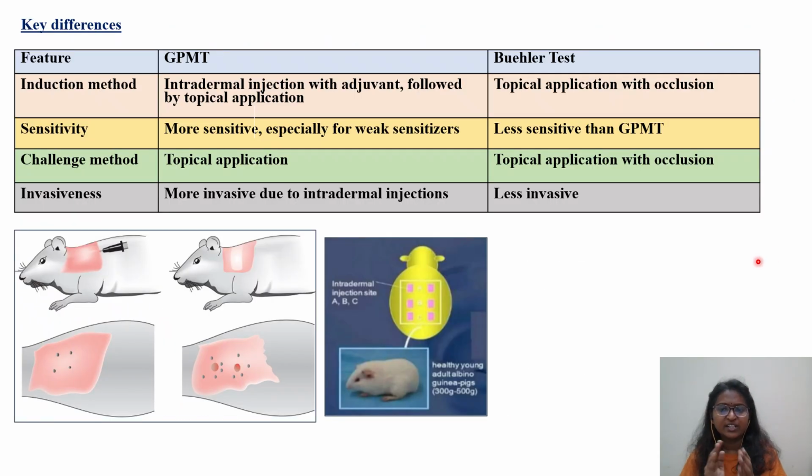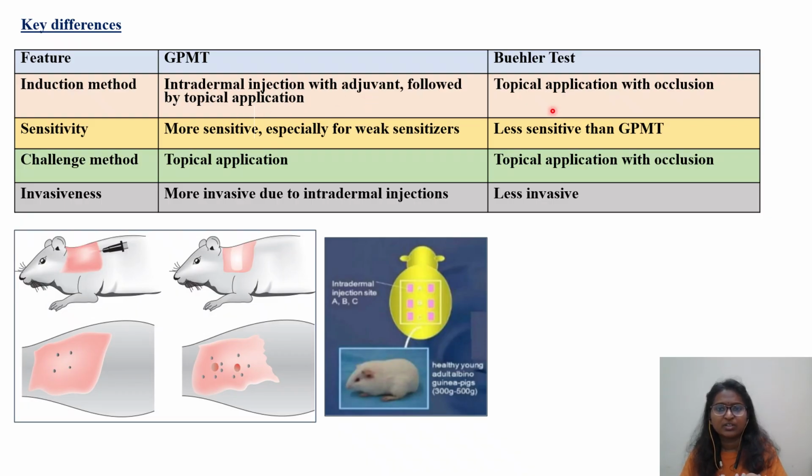So let us understand the major differences between the GPMT assay and Buehler test. The induction method in the case of GPMT is intradermal injection with the adjuvant, followed by topical application. So in order to introduce the induction phase, you are giving intradermal injection.